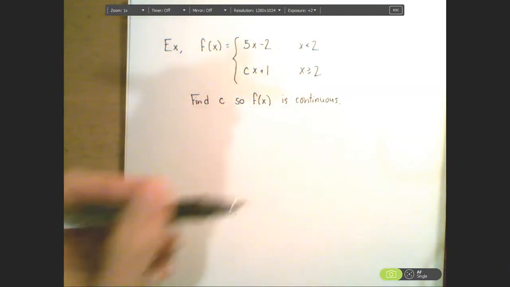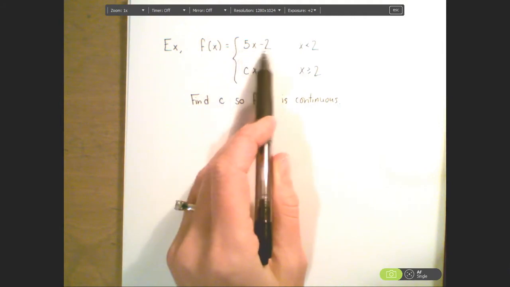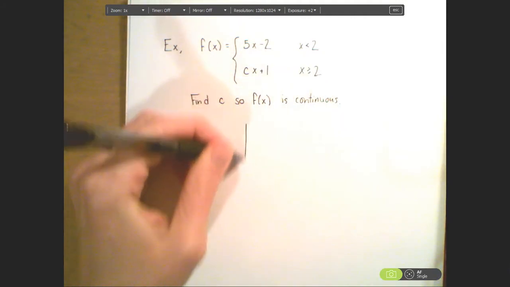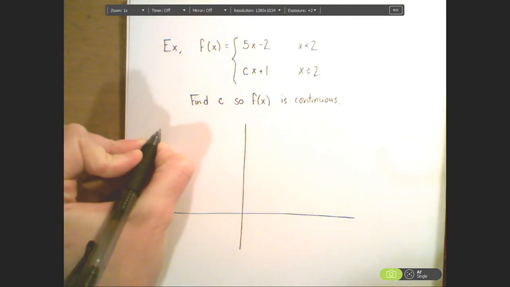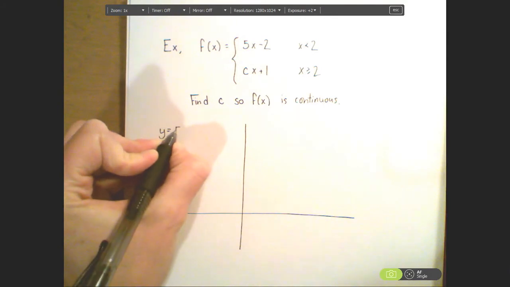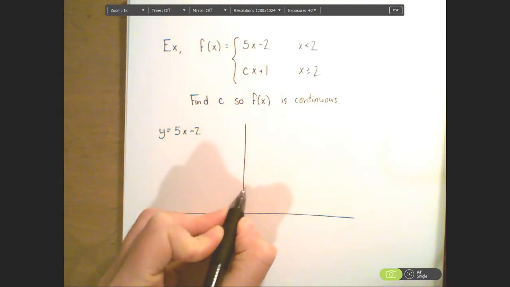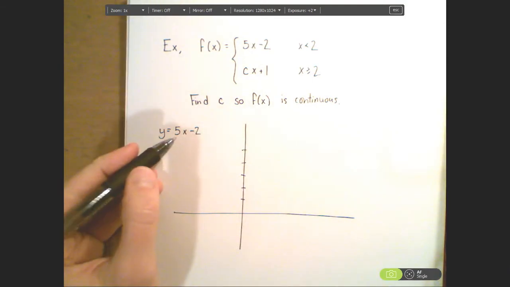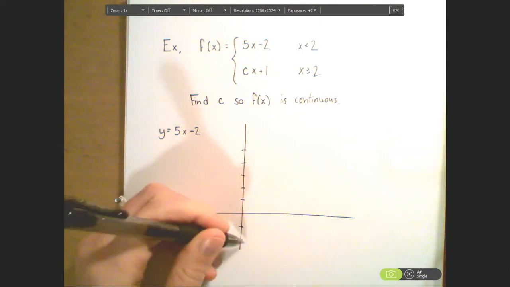So I'm still going to graph it. Let's evaluate what happens for this line when x is exactly equal to 2 and add that to our graph. So over here, I'm graphing the line y equals 5x minus 2. Oh, no, it has an intercept down here of -2, sorry, and it has a positive slope of 5.